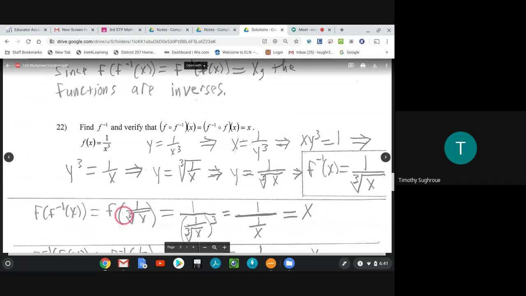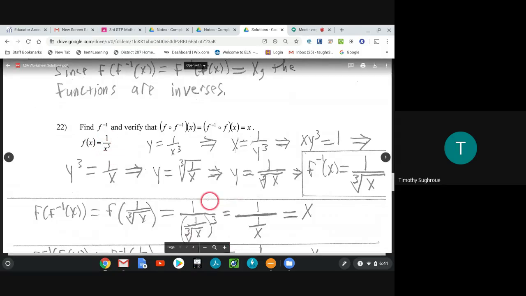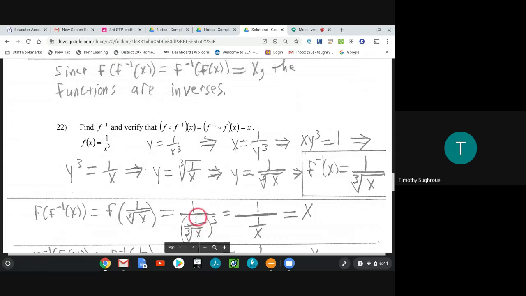Let's crank out the composites. Take x, plug it into the inverse function. When you plug x into the inverse function, this comes out. 1 over the cube root of x comes out. There it is. But this is the new input into the f function right here for x. So it's 1 over whatever comes in cubed. 1 over the cube root of x cubed.